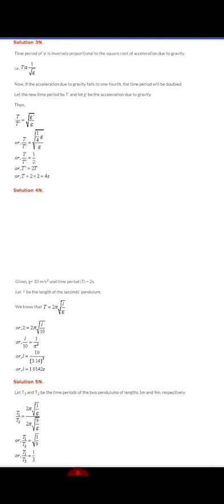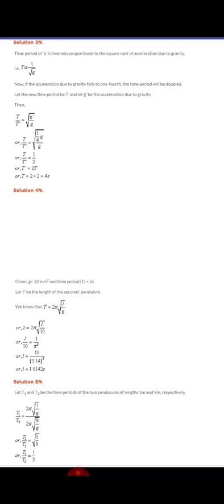So T upon T dash is equal to root of G dash upon G. T is original, T dash is new, G dash is new, G is original. G dash is 1/4 of G. So I have written 1/4. Now G gets cancelled. In root I get 1/4. When 1/4 comes out of the root, I get half.